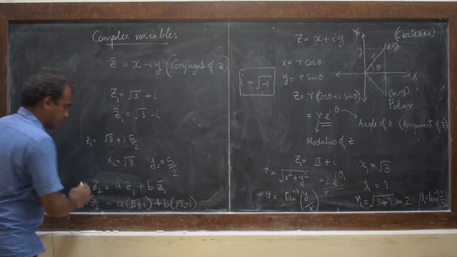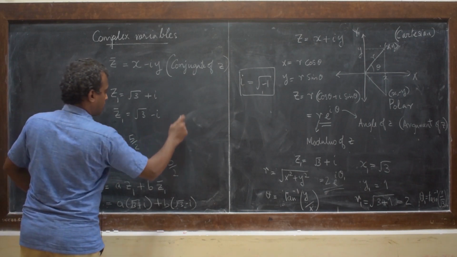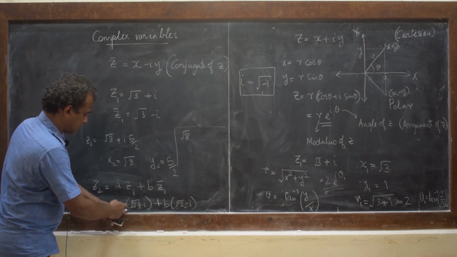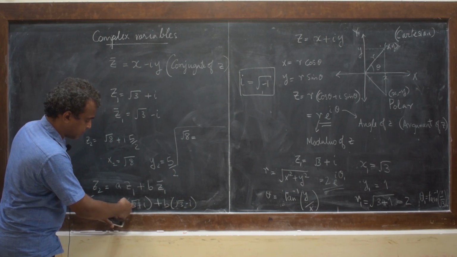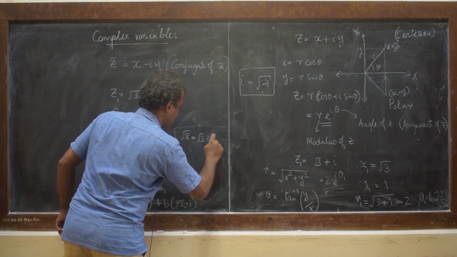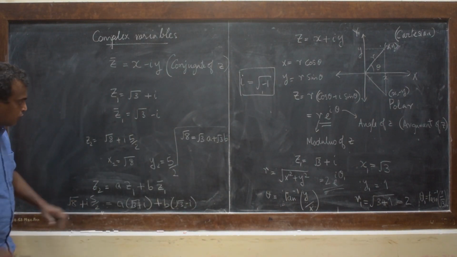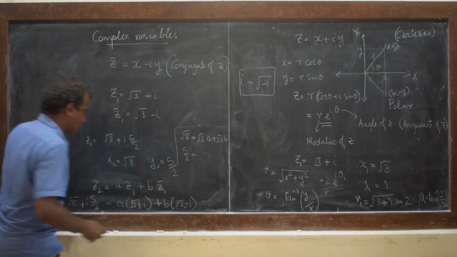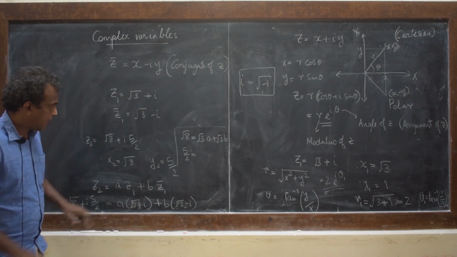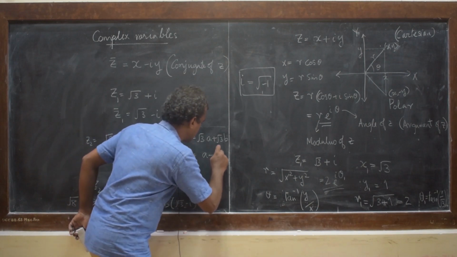Well, I could equate the real part on either side by writing the real part on the left hand side as square root 8, equal to the real part on the right hand side, which is square root 3 times A plus square root 3 times B. And the imaginary part, 5 over 2 on the left hand side, is equal to A from the first term and minus B from the second term.